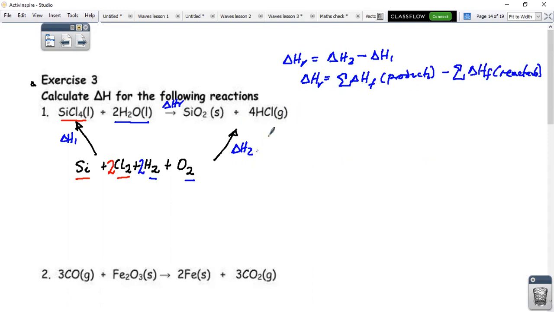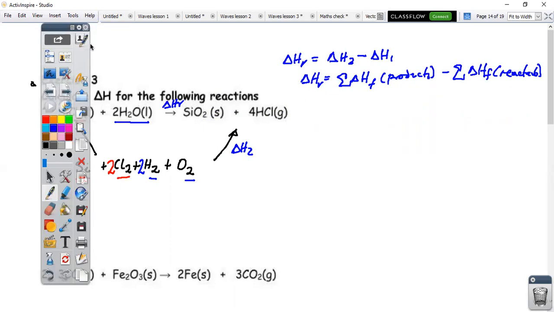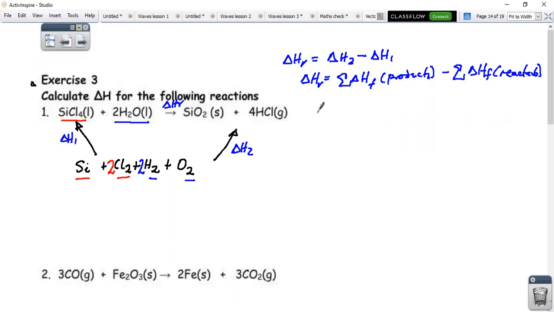So in this case, I'm just going to rewrite this here in a different colored pen. So my delta HR is going to be composed of, let's just look at the products first. So the delta HF of formation of silicon dioxide, plus, well, there's a 4 there.